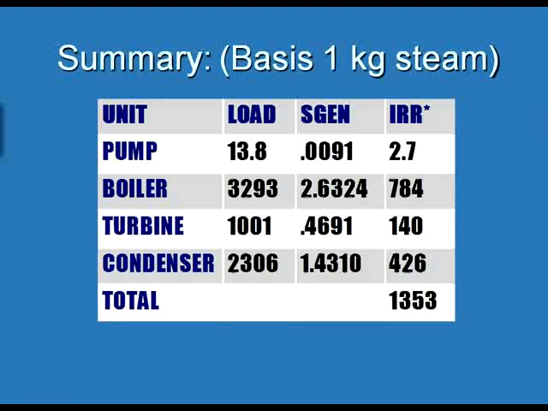So a summary of this would be, here's the Q, or the energy load of each of these units, the entropy generated, and the irreversibility for each of these units. And the irreversibility is based on a surrounding temperature of 298 K. So you call irreversibility as S generated times T of the surroundings.